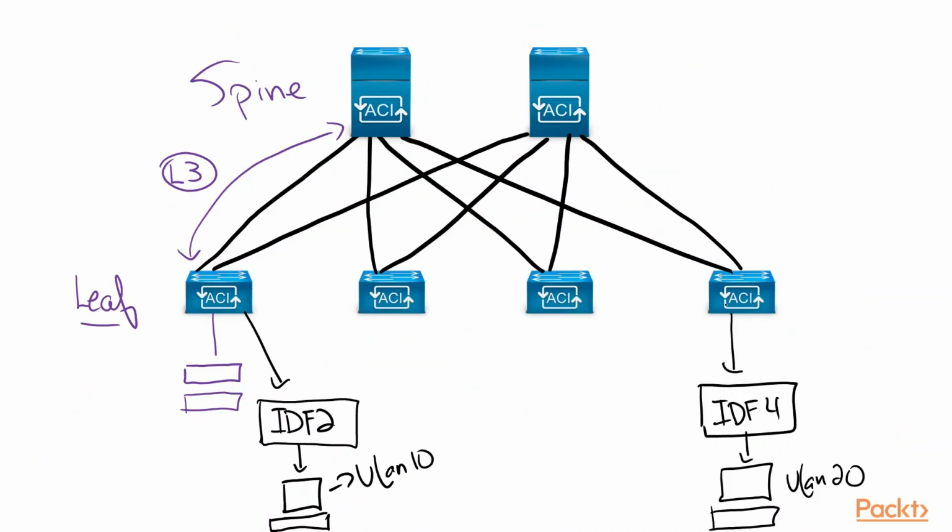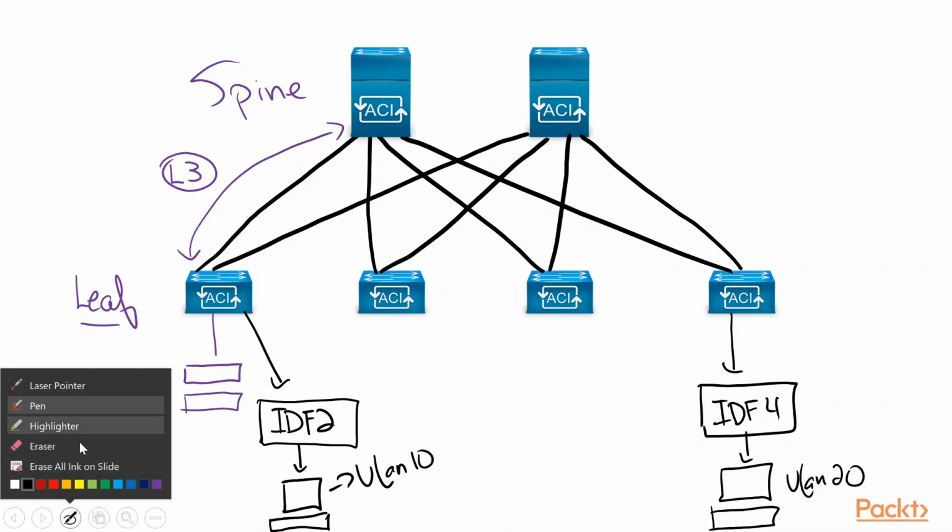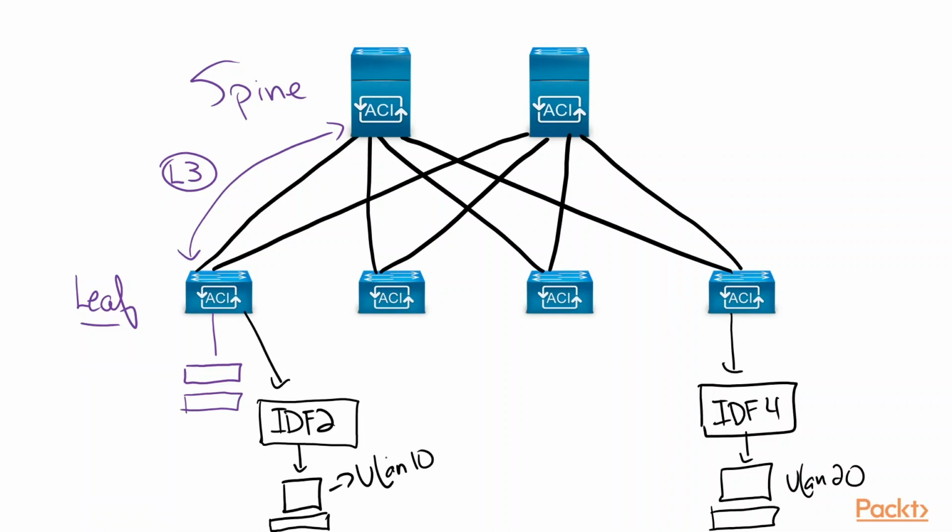So in a spine-leaf architecture, however, the difference is that my machine on VLAN 10 goes upstream, right, to my ACI leaf, and let's say this is leaf 1. So we're going to write this here, leaf 1, and let's say here is leaf 4.